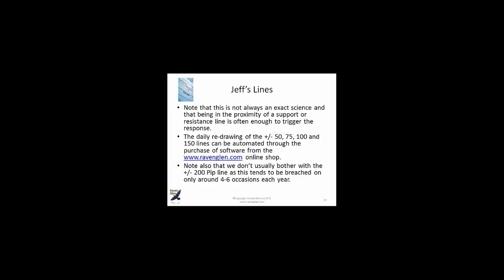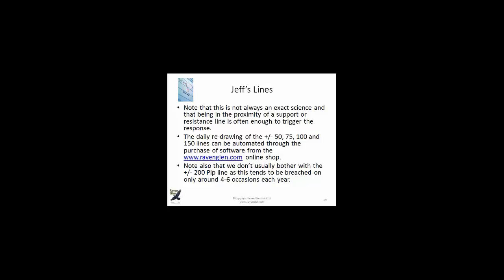As with all things in trading, Jeff's lines are not an exact science. They're very good, but being in proximity to a support or resistance line is enough to trigger a response and a change in direction. That's true of whole numbers, Jeff's lines, and support and resistance in general.